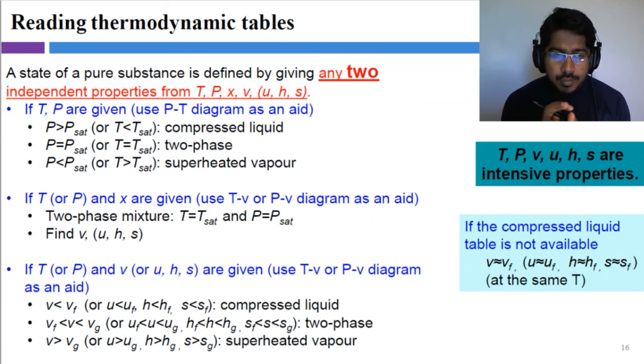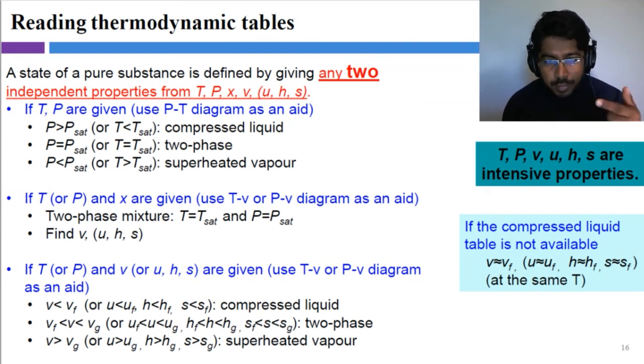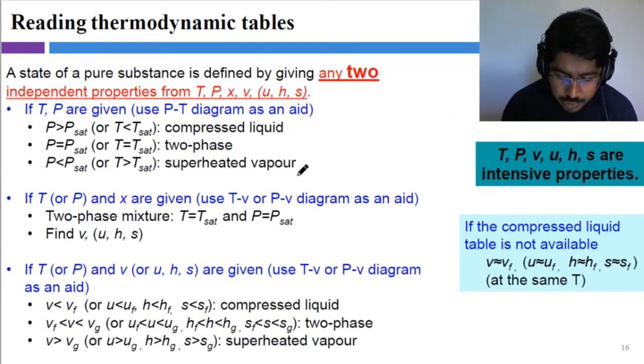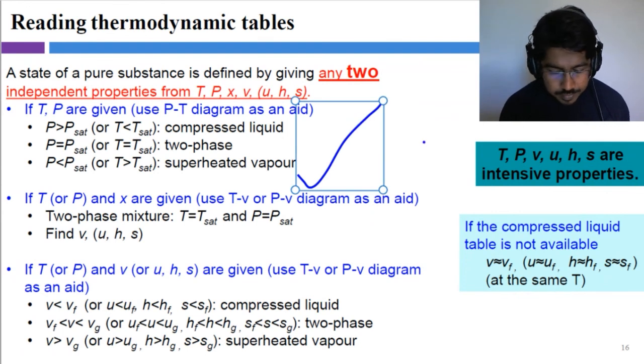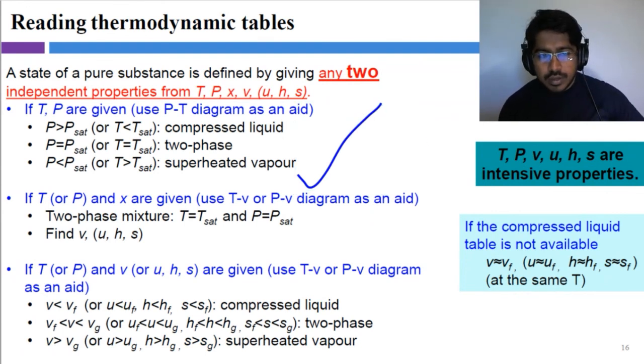Looking at these numbers, we figure out which region it is, and then we pursue the solution using those tables, right? Are we clear with this part? Anybody having doubts or anything not clear?